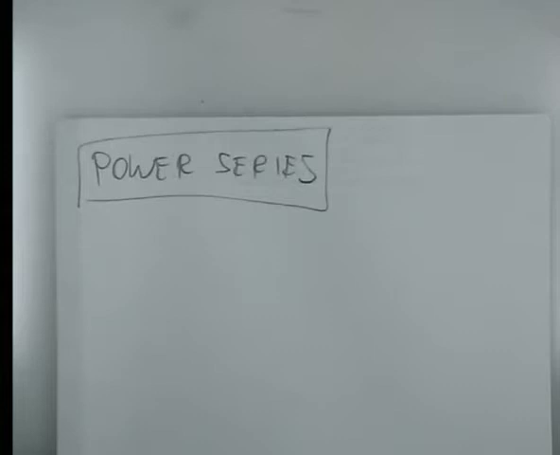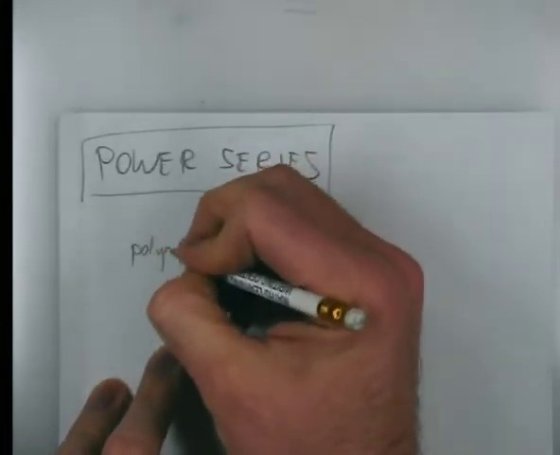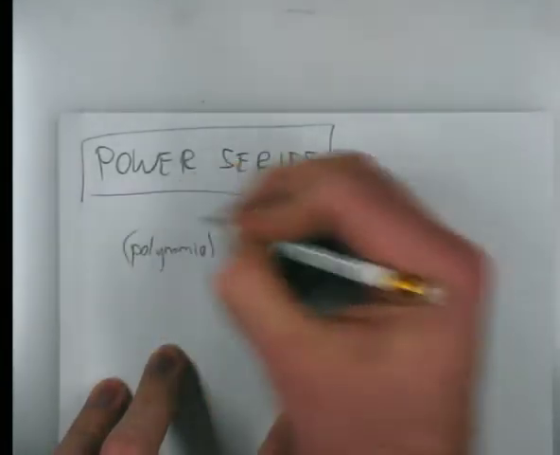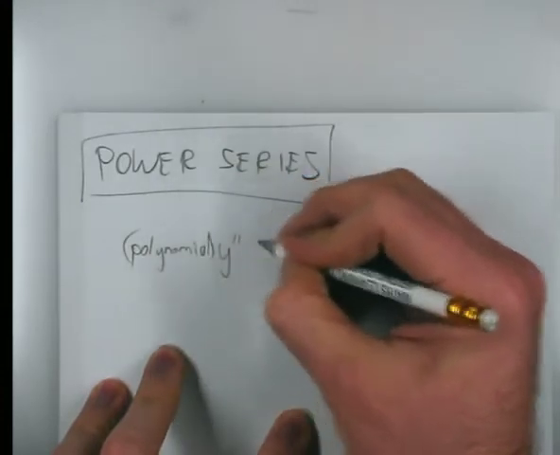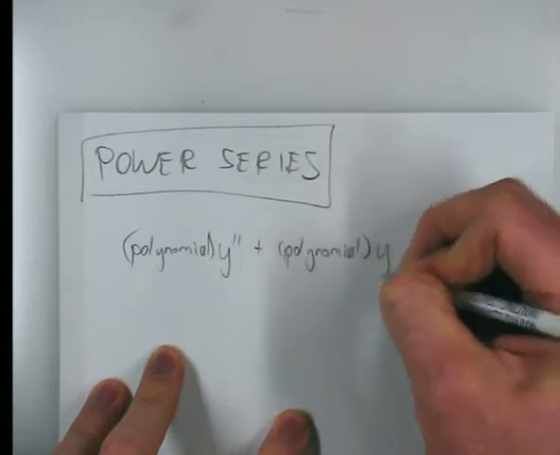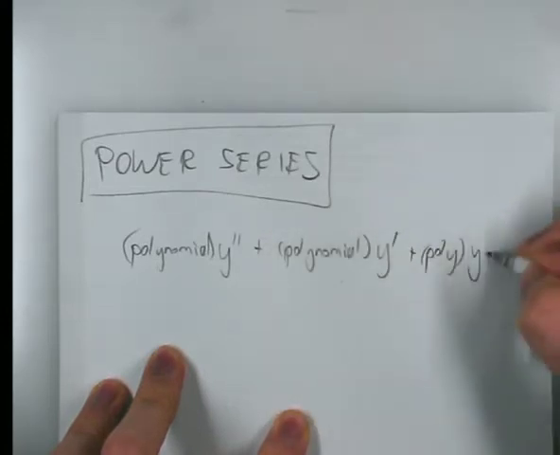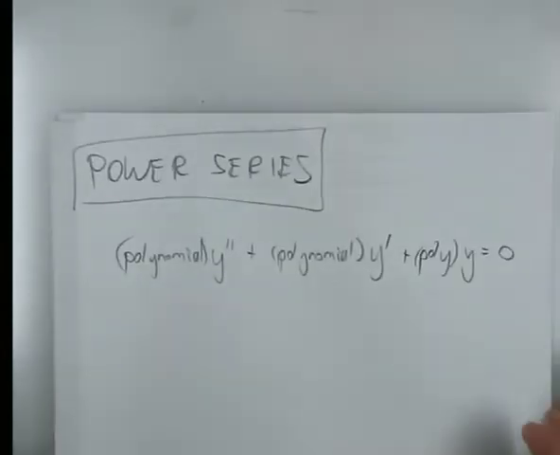Power series are a method for solving differential equations that you don't know how to solve any other way. My understanding of it is it's really useful for ones where you have like a polynomial times y double dash plus polynomial times y' plus polynomial times y is 0, that sort of thing.